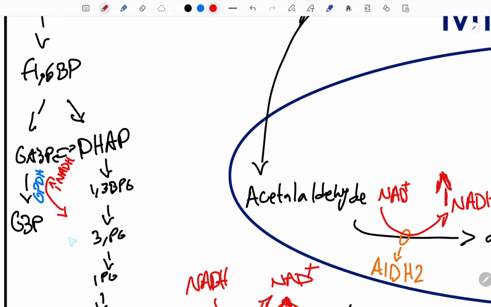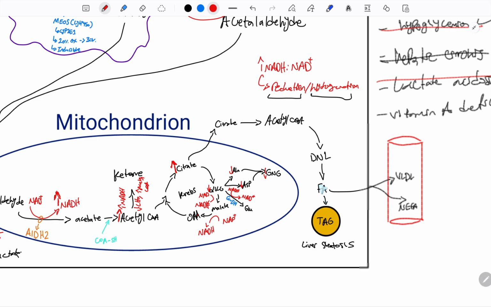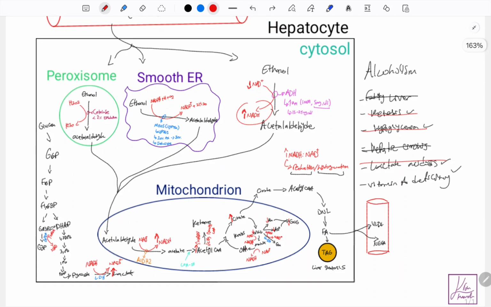So the high NADH will come in, drive this reaction this way, and make some NAD and the glycerol 3-phosphate. And this glycerol is what's going to be combined with the fatty acid to make triacylglycerol. Okay, so that's how that's occurring.